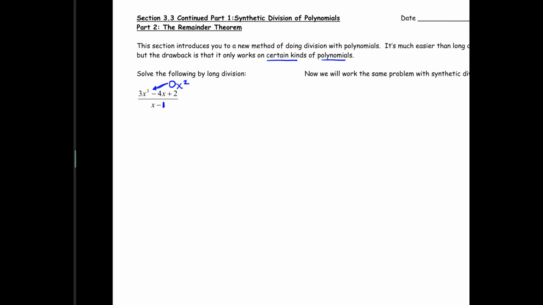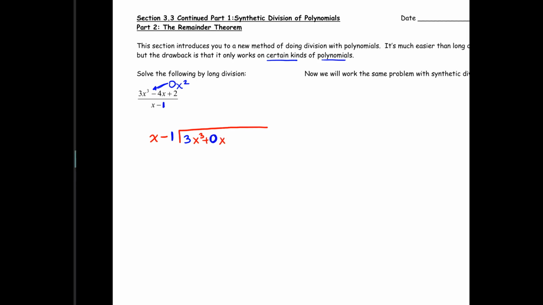So I'm going to set this up as x minus, but then I'm going to put the number 1 in a different color. And I'm dividing this by, I'm going to put the 3 in a different color because it's a coefficient, x cubed. And then I have a plus, I'm going to put the 0 in a different color because it's a coefficient.